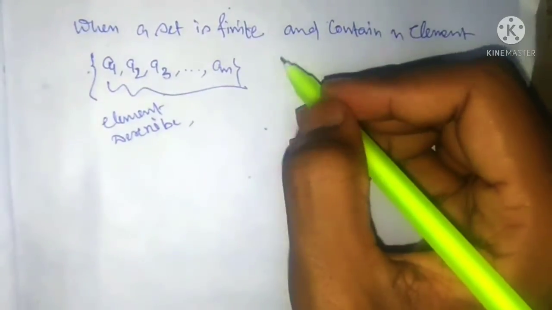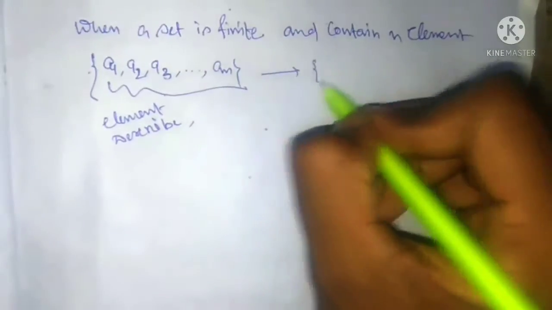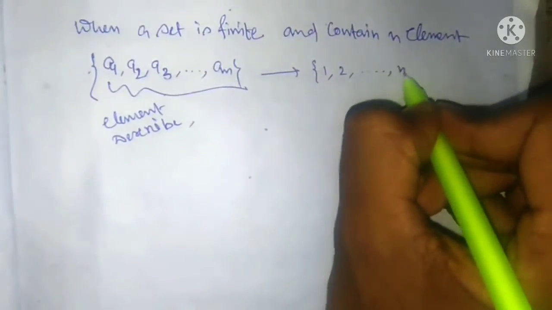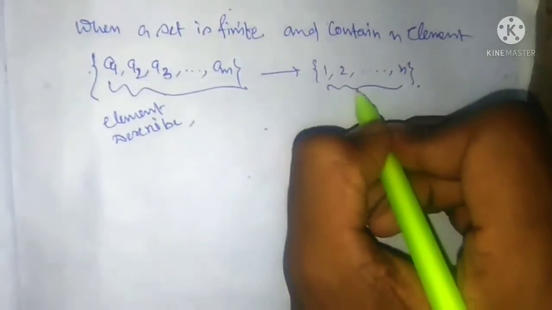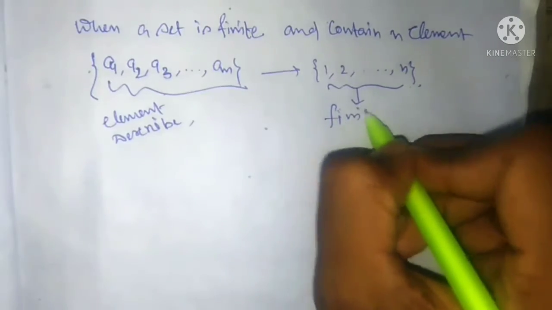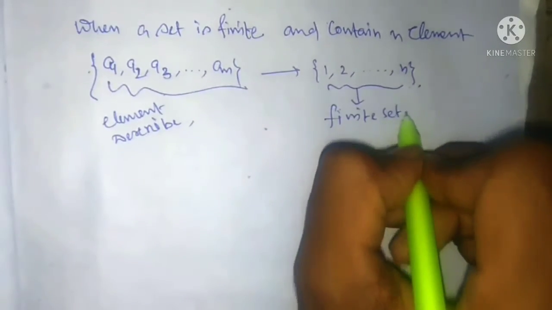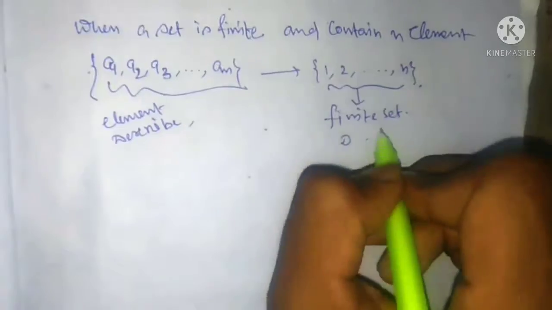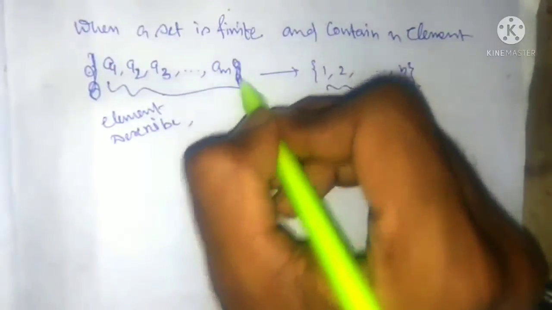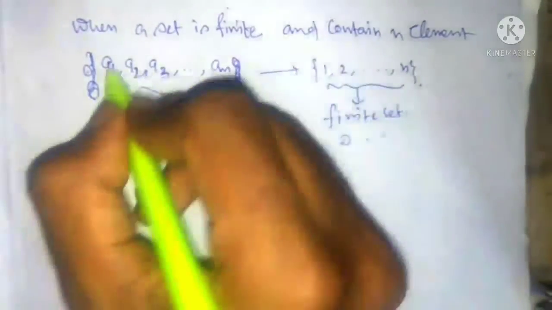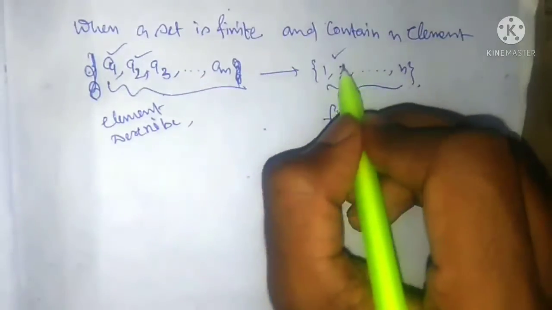And the finite set, how do we describe it? 1, 2, this is a finite set containing n elements. So this is not like that. This is a1, a2, finite elements, or this is a finite set.